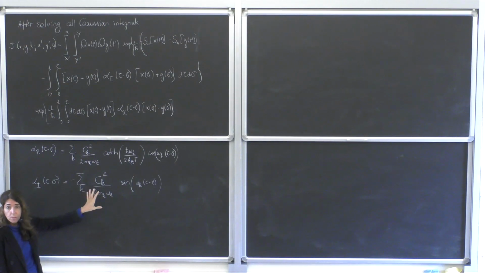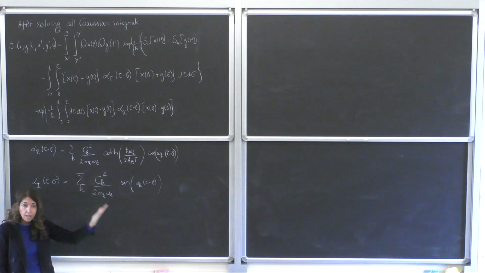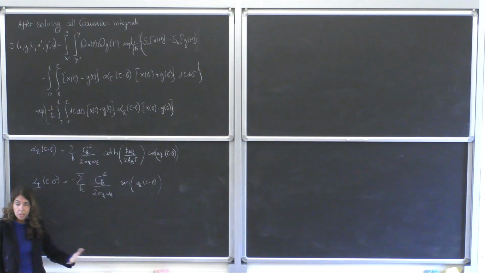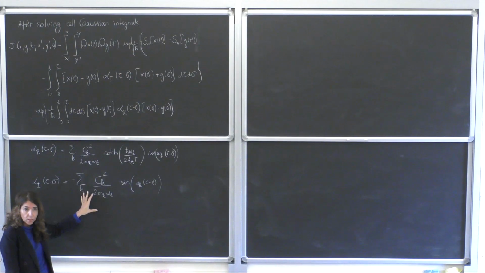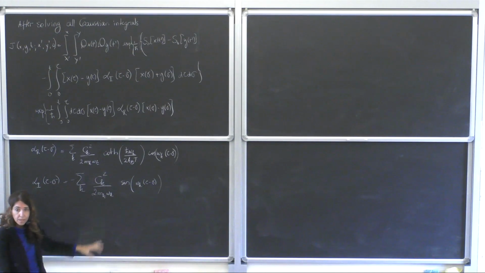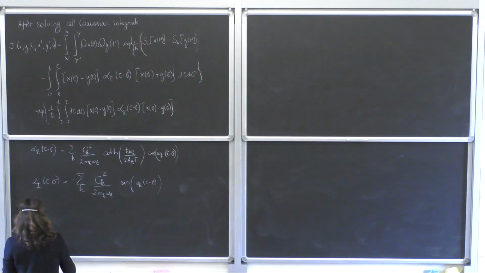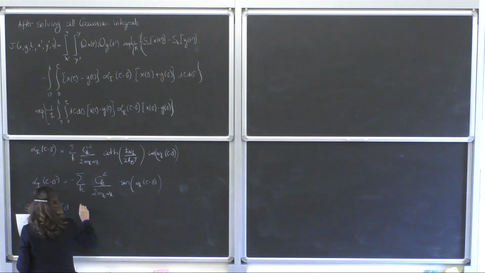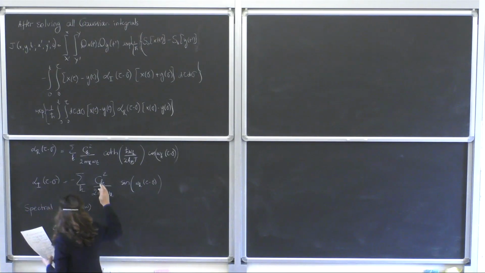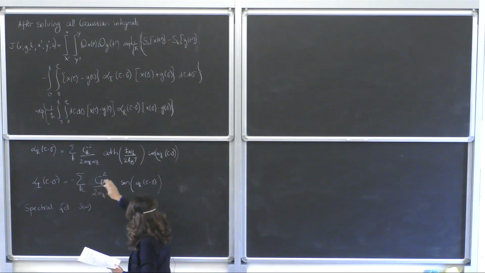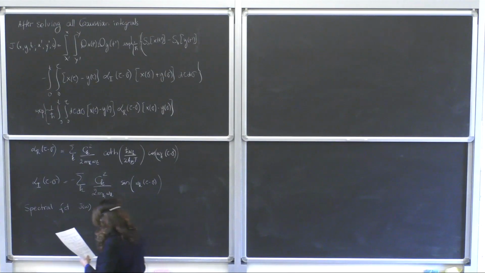We would like to replace these in terms of that phenomenological parameter eta that we got out of the spectral function of my bath, that I defined yesterday. Okay, so now if you remember the definition of the spectral function J of omega, it was pi ck squared over 2 mk omega k.